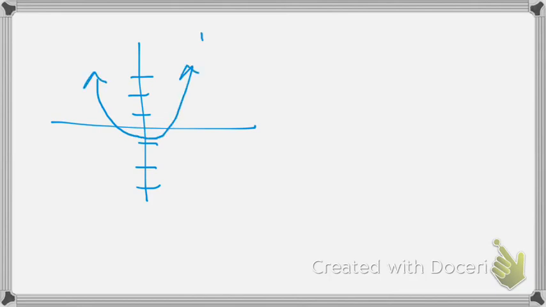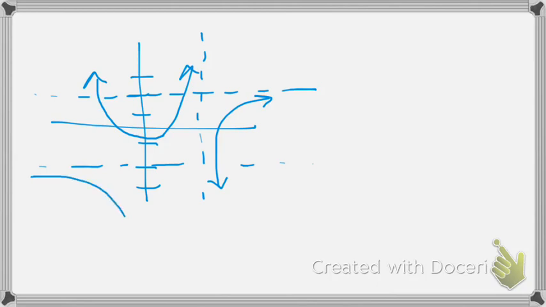Well, if I have a graph that looks sort of like this, maybe it has some other things going on. Maybe it looks sort of like this, and I want the limit as x approaches infinity, or the limit as x approaches negative infinity.